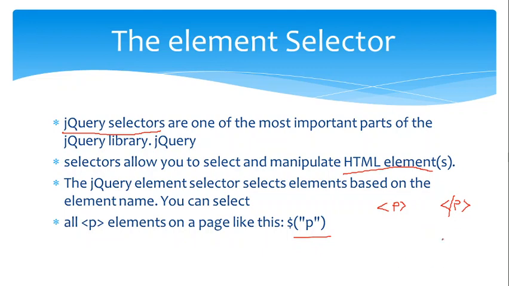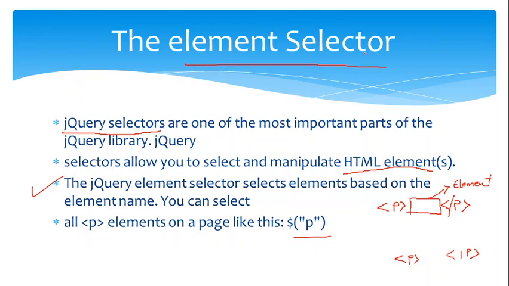In the whole website, how many places did you use this p tag? You can apply it to all of those tags in the HTML code. Whatever you write inside this is called an element. Clear?